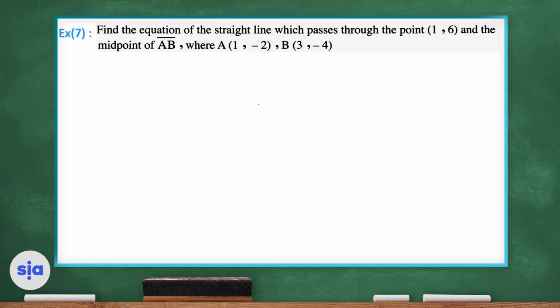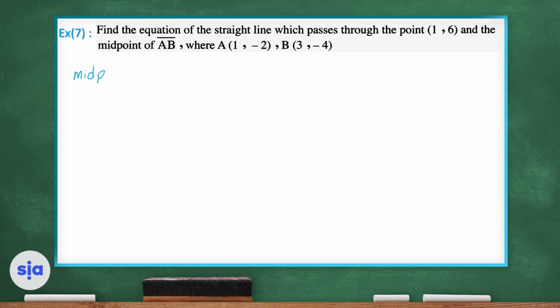In question 7, the question says, find the equation of the straight line which passes through the point (1, 6) and the midpoint of AB, where A has coordinates (1, -2) and B has coordinates (3, -4). So the question wants me to find the equation of the line that passes by the 2 points (1, 6) and the midpoint of AB. Then I need first to find the midpoint of AB.